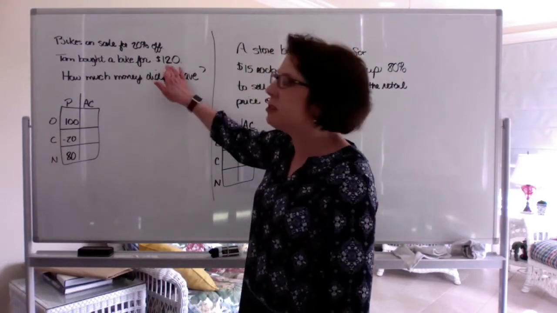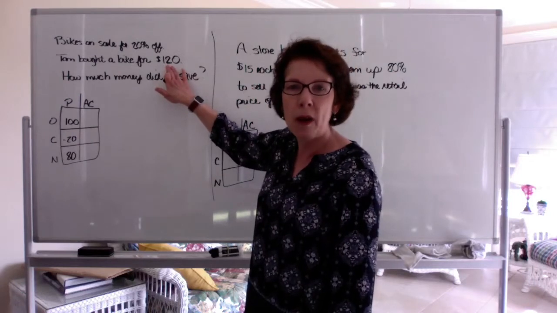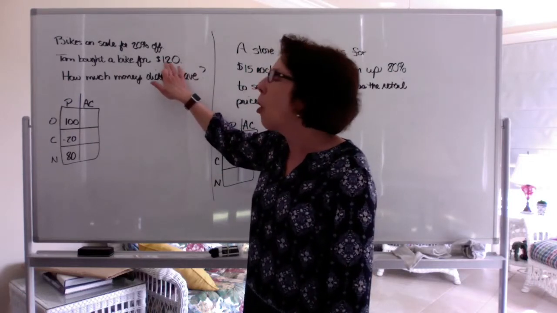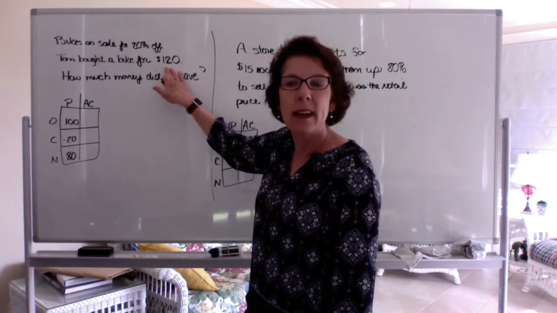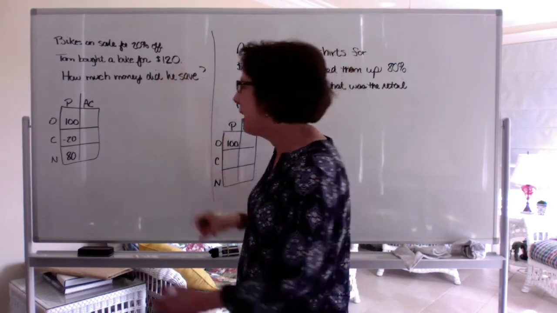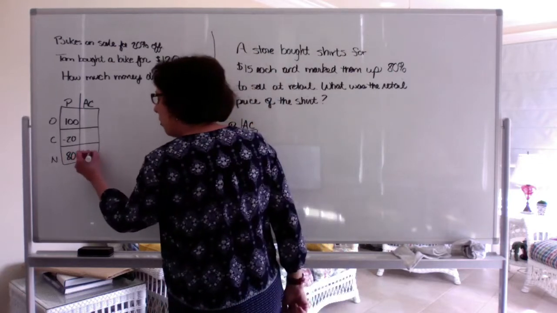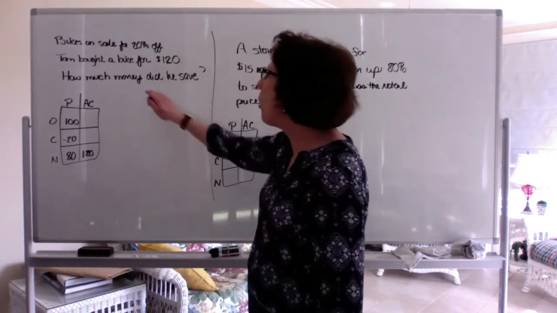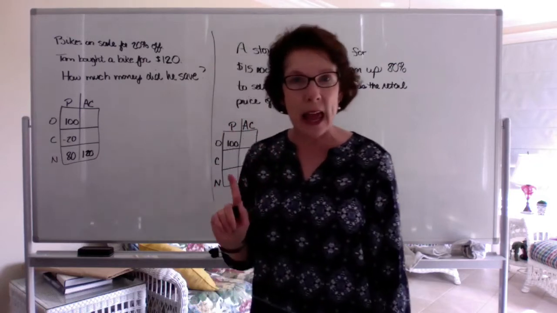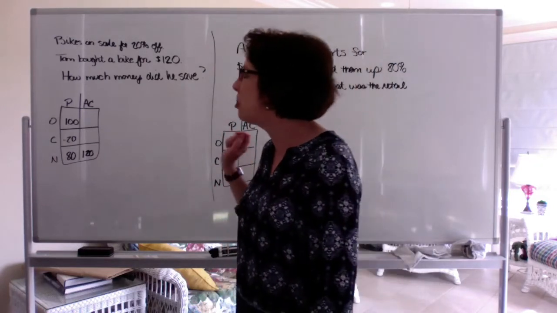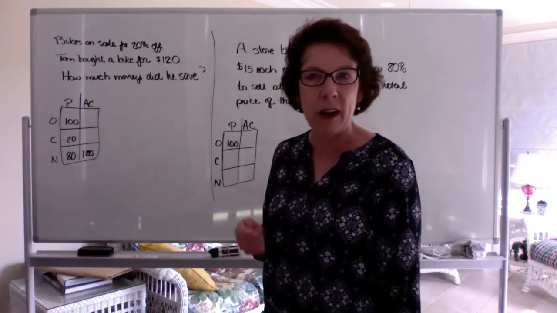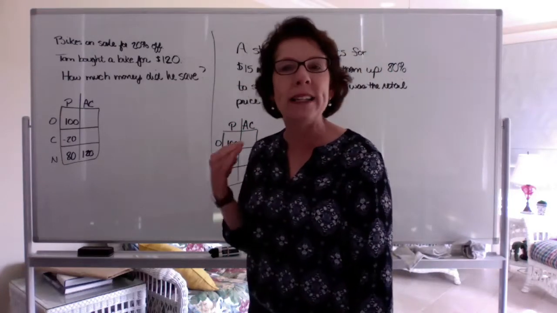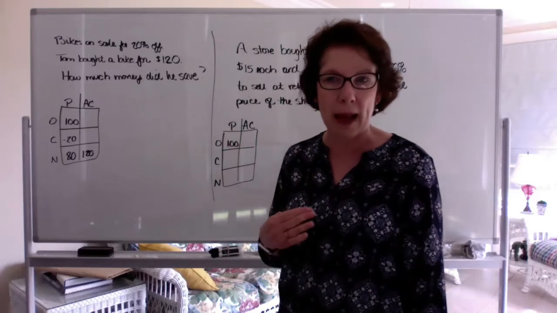Now, where does this $120 go? Is it the original price, or is it the new price he bought it for, the sale price? Yes, it's the new price, and so I'm going to put it down here, 120. And then how much money did he save? Not how much the bike originally cost, but how much did he save? In other words, what was the price deduction on the bike?